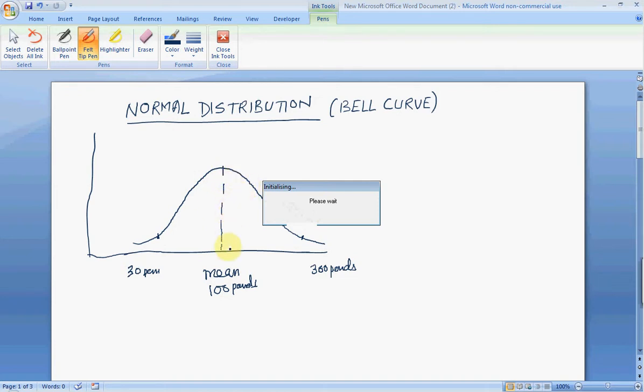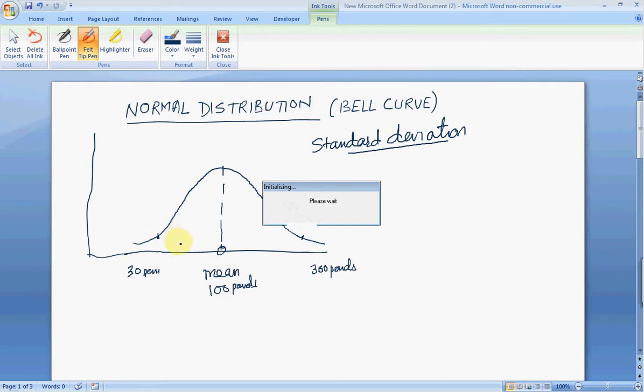Now there are two important concepts in normal distribution. One is the mean that I talked about, where the majority of the population would lie. The other is the standard deviation. What standard deviation says is how quickly the normal distribution spreads out.